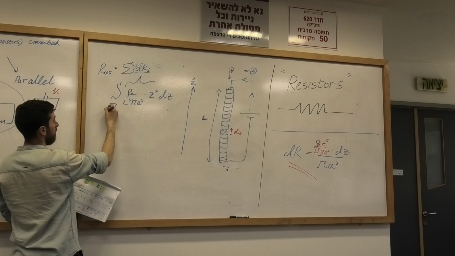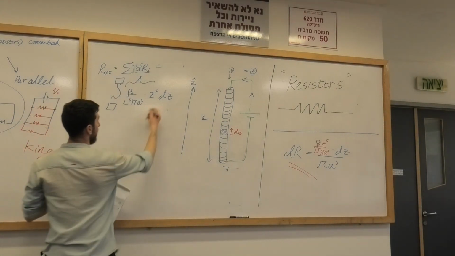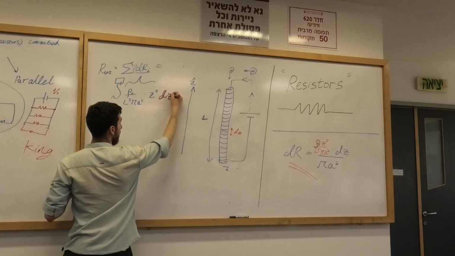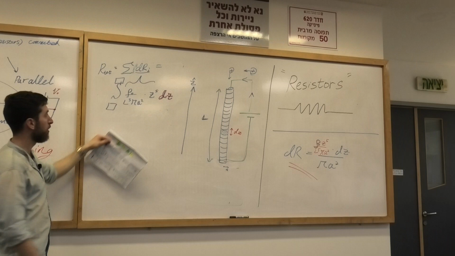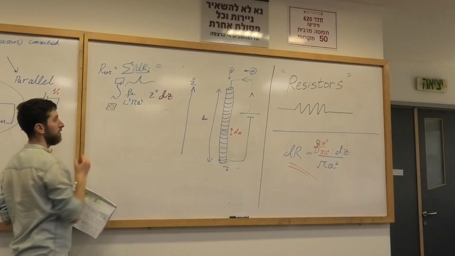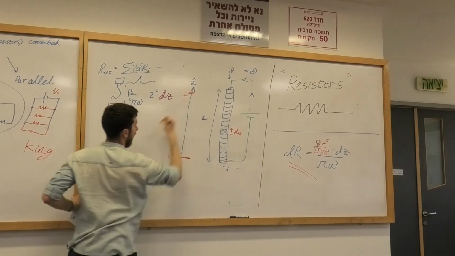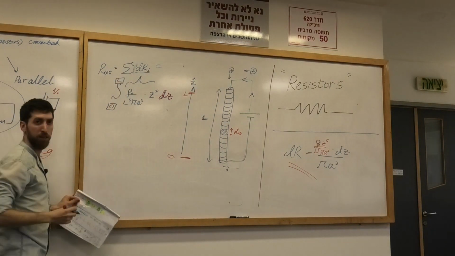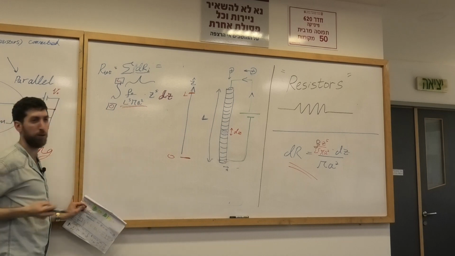So what are the integral boundaries? Because of this dz, it's like asking where in space the coins are actually placed. So they start at z equals 0 and finish at height L. This thing is a constant, which you can drag outside of the integral.